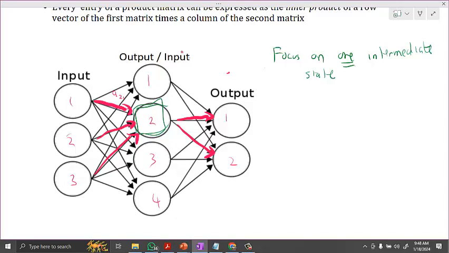This arrow goes from 2 to 2, so I call this A22. This goes from 3 to 2, so this is A23, I'm sorry, A23, thank you. Now this arrow here goes from 2 to 1, so this is B12. And this is going to be B22.